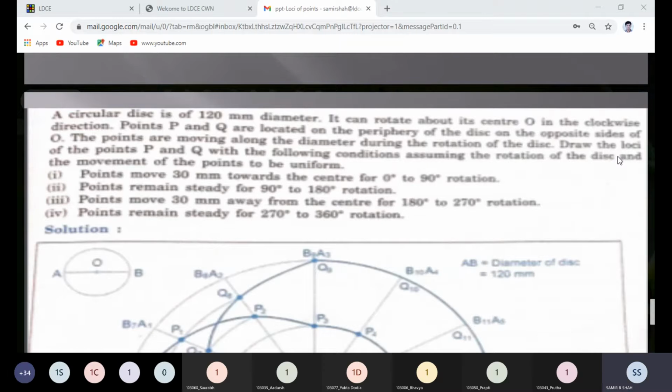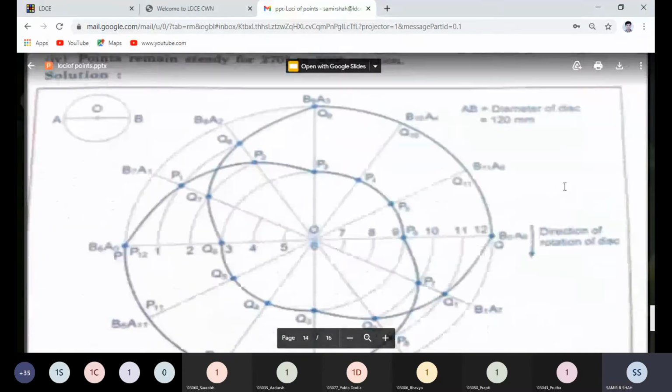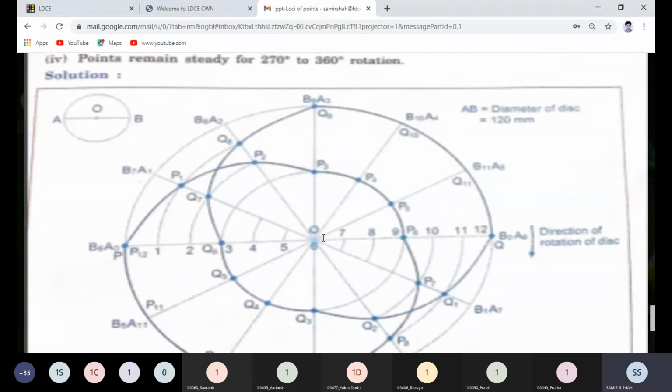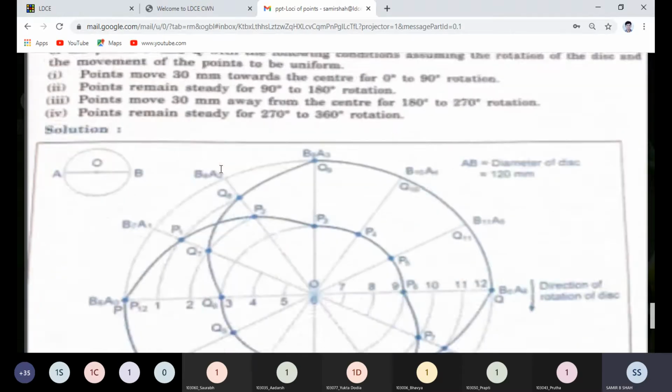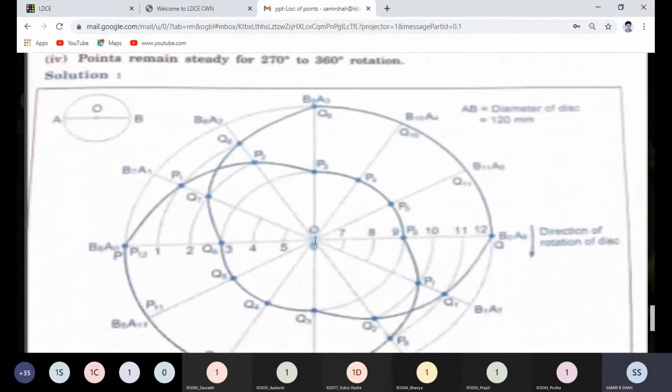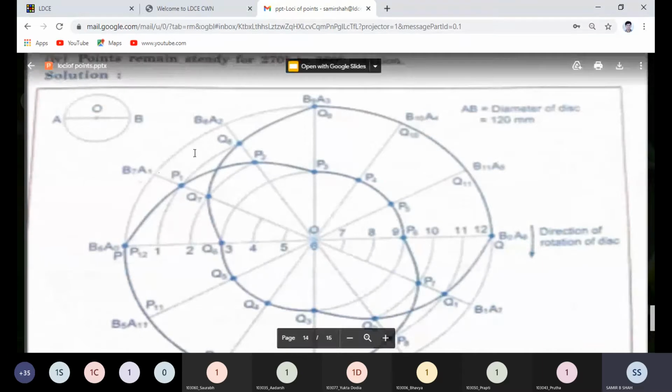Now, first of all, what we have to do? Draw the circle with center at O. O is the center and draw one circle where, as mentioned here, 120 mm diameter, so 60 mm radius. Take O as the center and 60 mm radius and complete one circle.